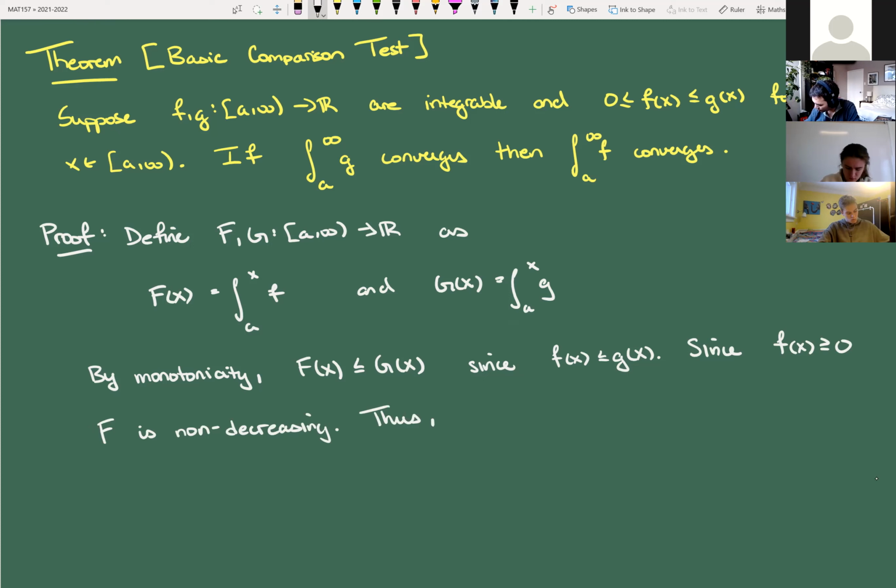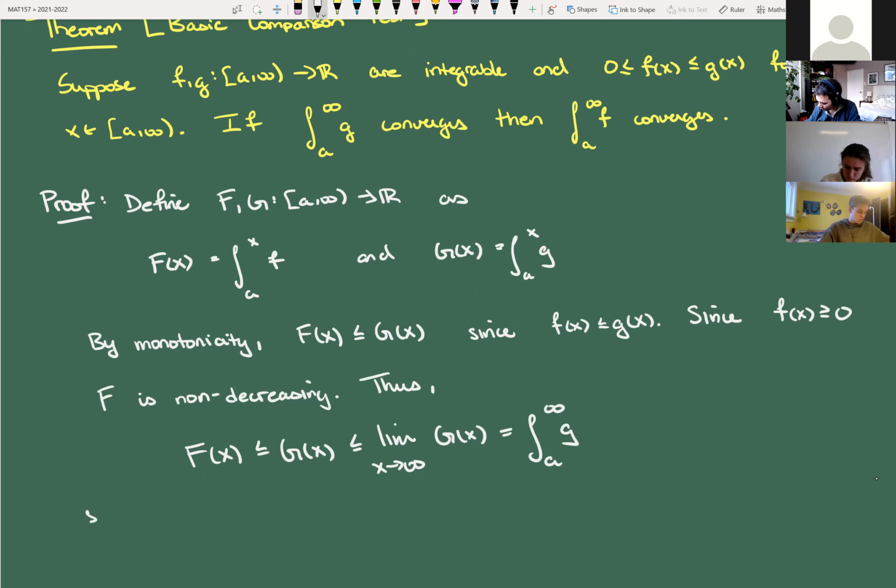Thus, we have F of x is less than or equal to G of x is less than or equal to the limit as x goes to infinity of G of x, which is the integral from a to infinity of g, right? That's an upper bound. So F is bounded from above.